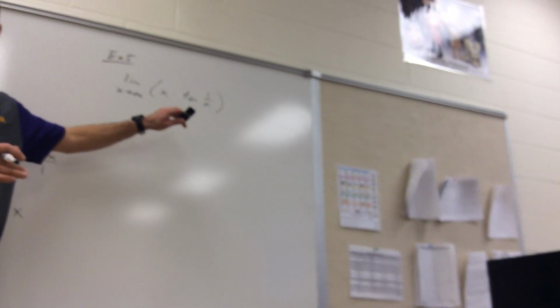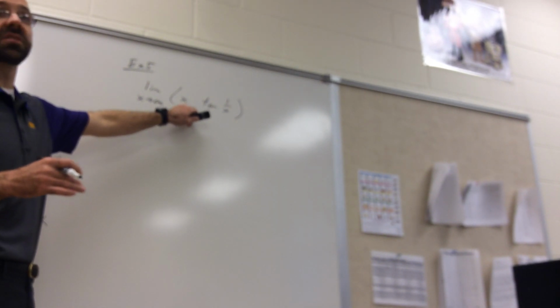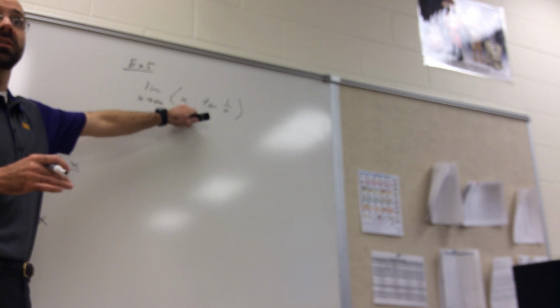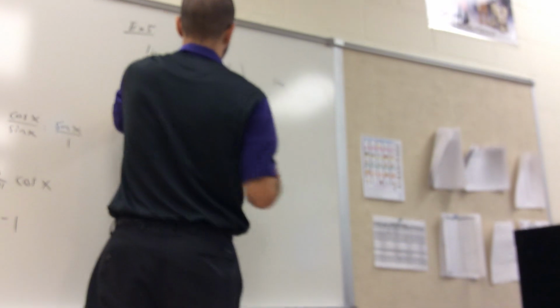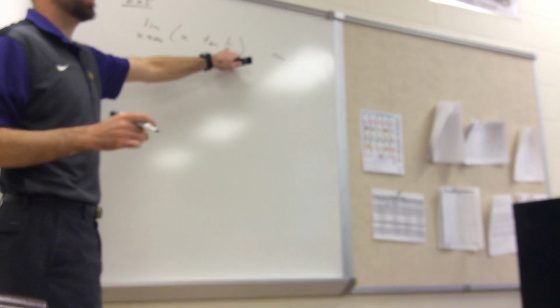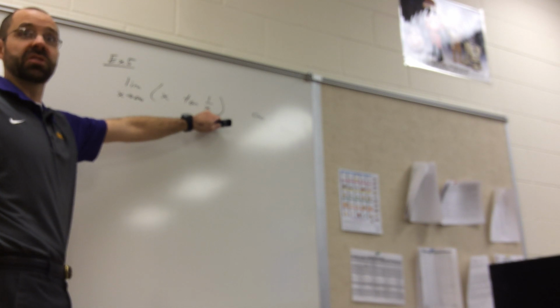Okay, so we're going to take this limit, and let's try limit laws. So this is getting close to what? X is getting close to infinity, right? And then if you take 1 divided by a really big number, that's getting really close to 0.